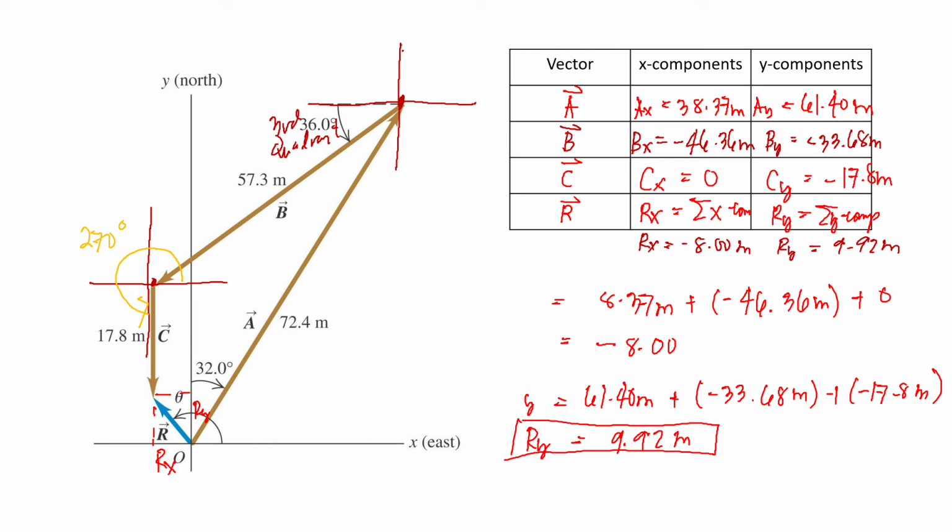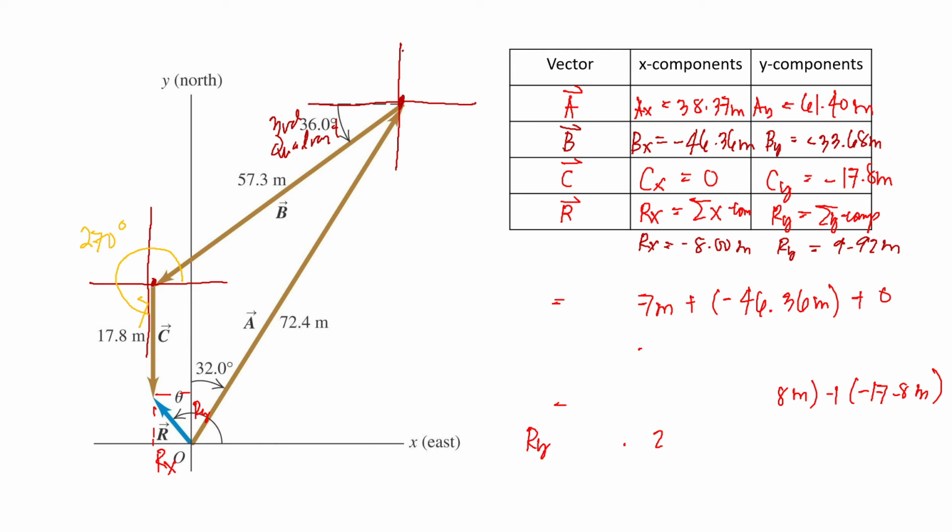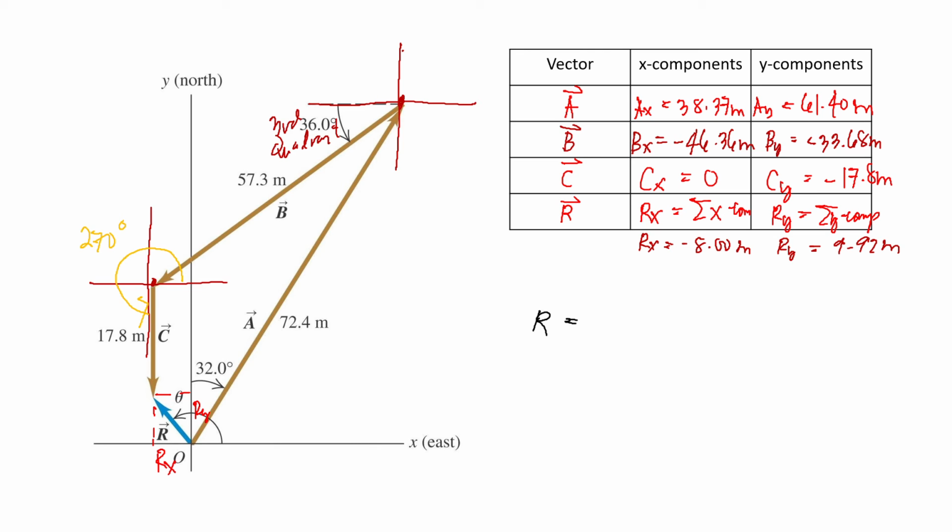Now, what is the magnitude of your vector R? Because what I wanted is the vector notation for your answers. So the magnitude of your R is from the Pythagorean theorem: Rx squared plus Ry squared, and then you get the square root of that.